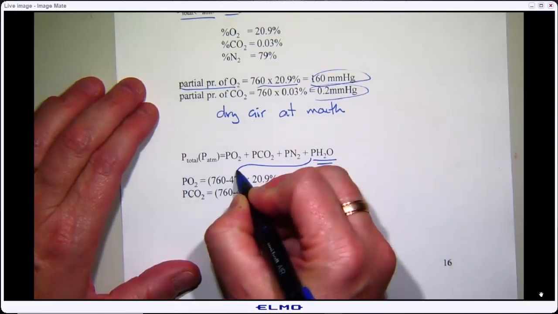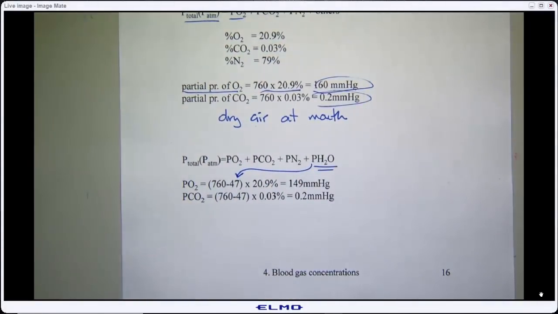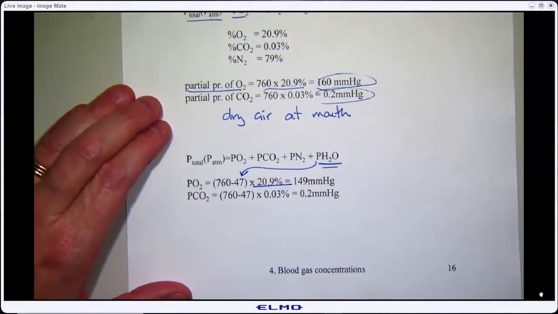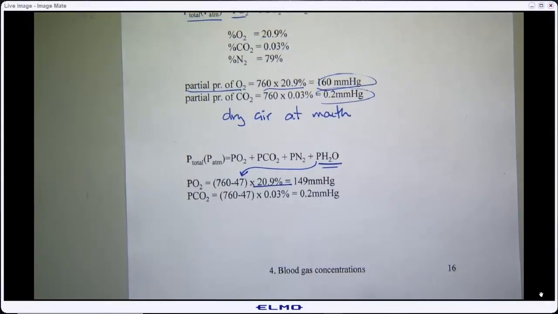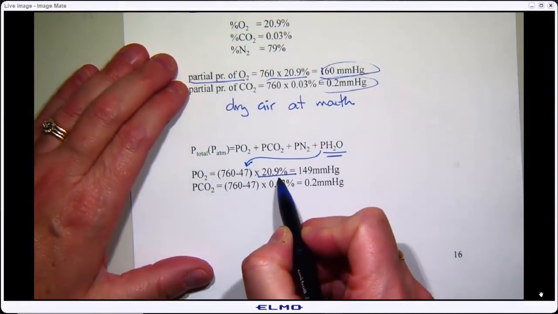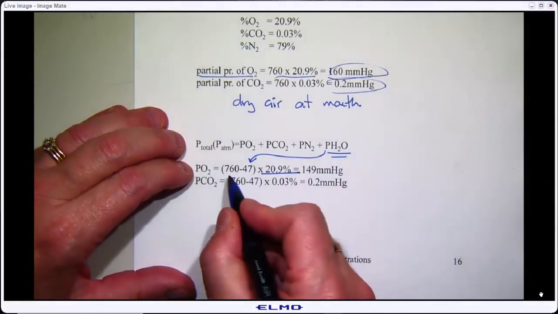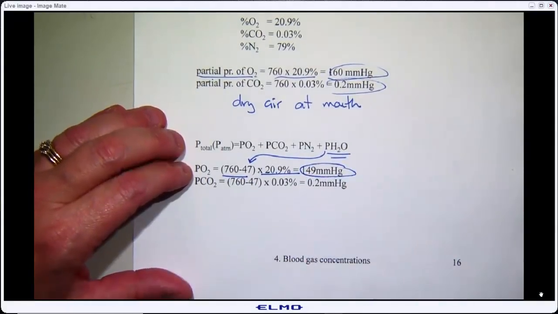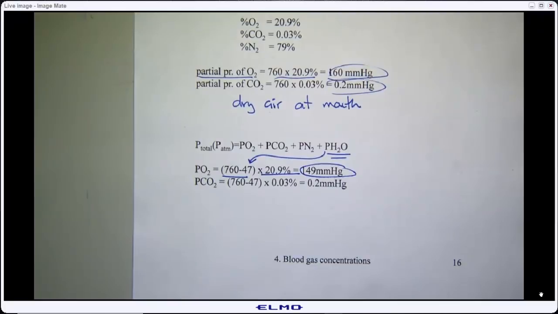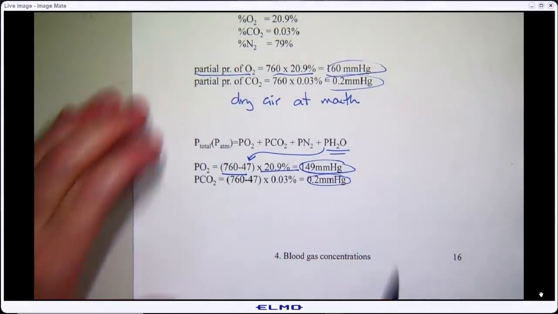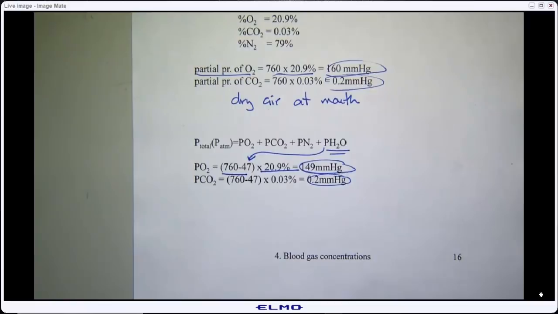It's about 47 millimeters of mercury. We've got to remove that amount from what our total was and then recalculate. So what is our partial pressure of oxygen? It's 21% of that new calculated total. So in terms of what's coming into the alveolus, the partial pressure of oxygen is a little bit lower, about 150 millimeters of mercury. CO2 is about the same as it was before, about 0.